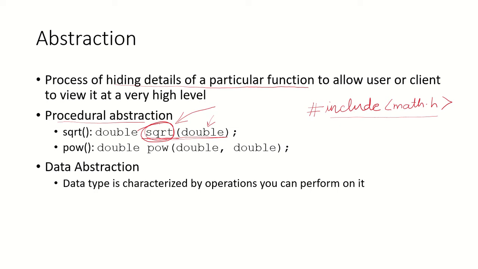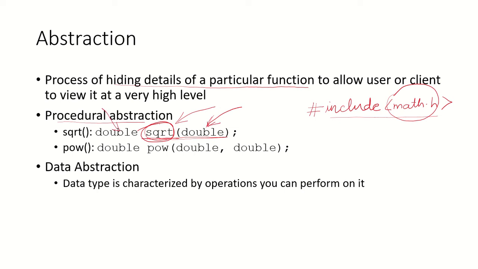We just know that this square root has been defined in this math.h library. So we just know the prototype of this function. By prototype, we mean what the input parameters should be and what it is going to return.